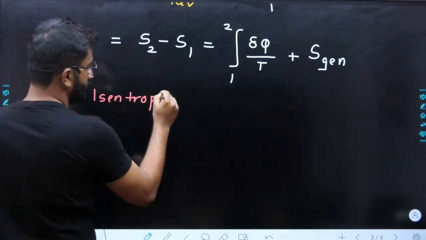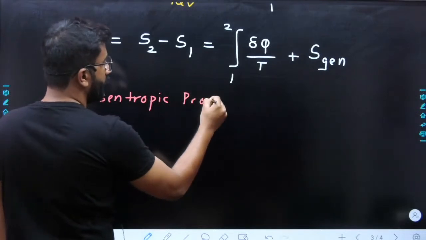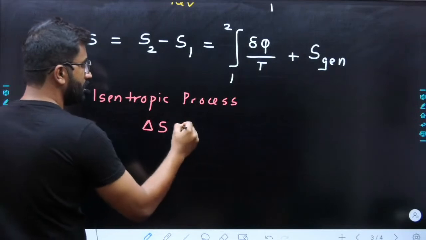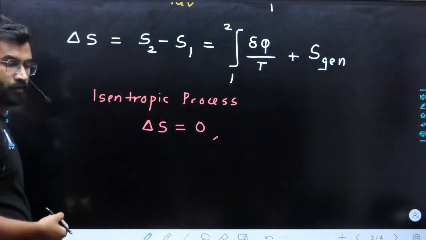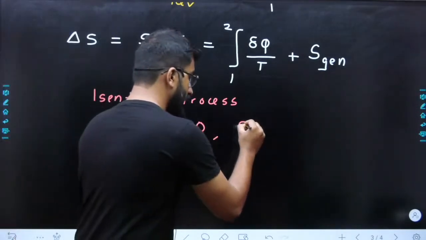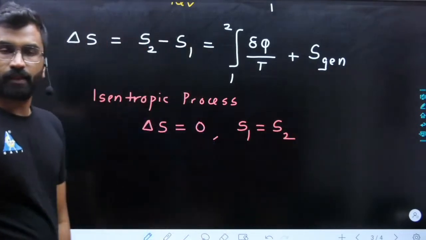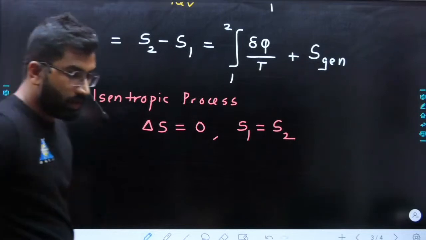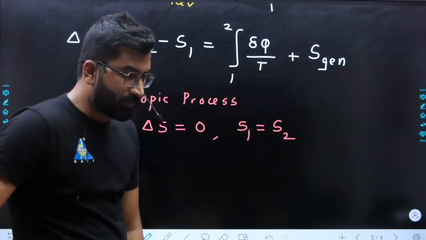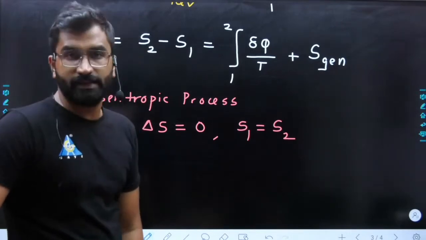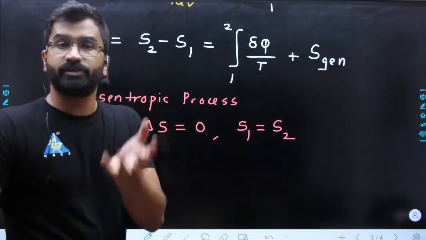Isentropic process means your delta S will be equal to 0, that is, S1 is equal to S2. Sarila is asking, sir, does S generation depend on the path? Definitely. If it is a reversible path, S generation will be 0. For an irreversible path, S generation will be positive.